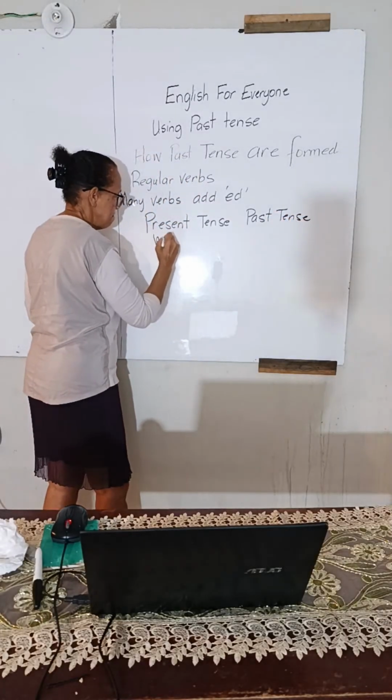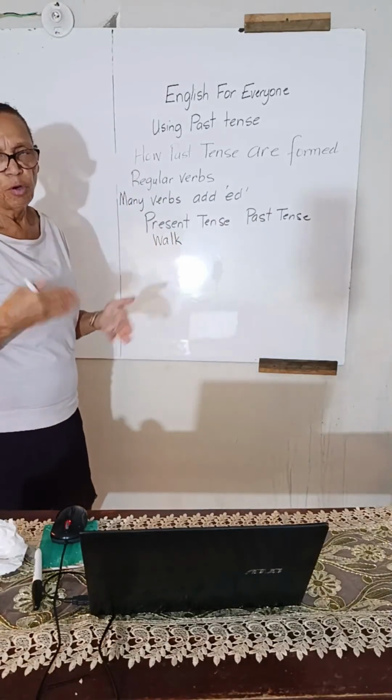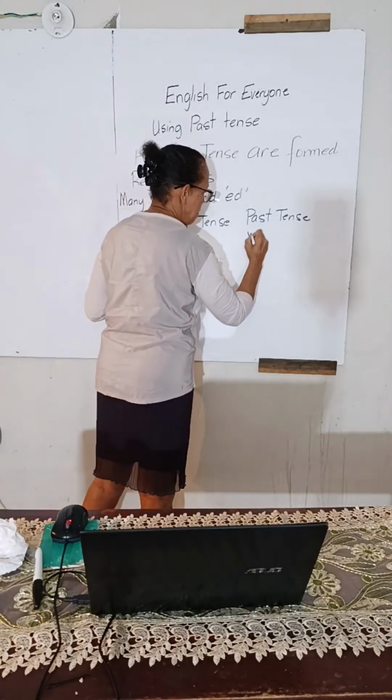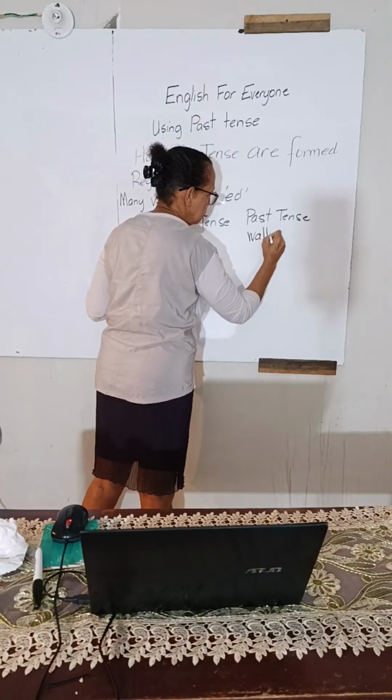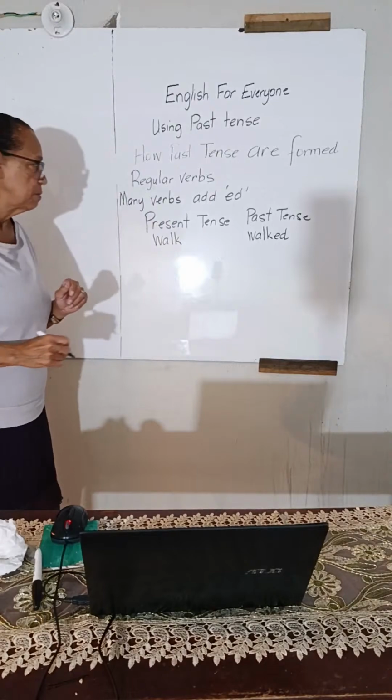Walk. So it means more than one person walk. Over here, walked. Past tense, more than one person walked.